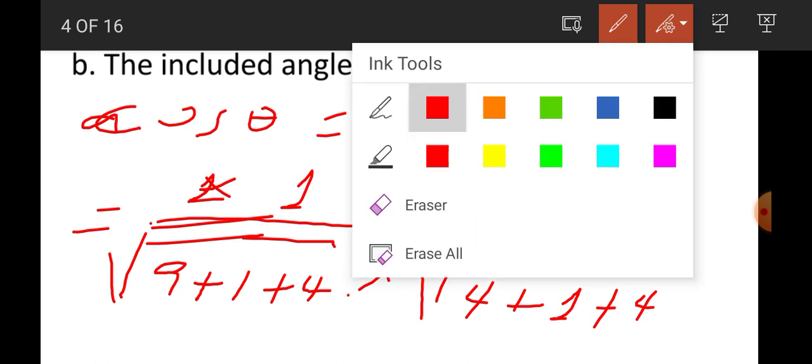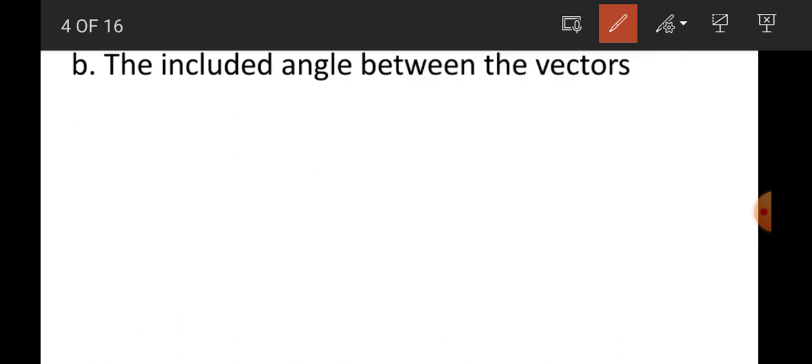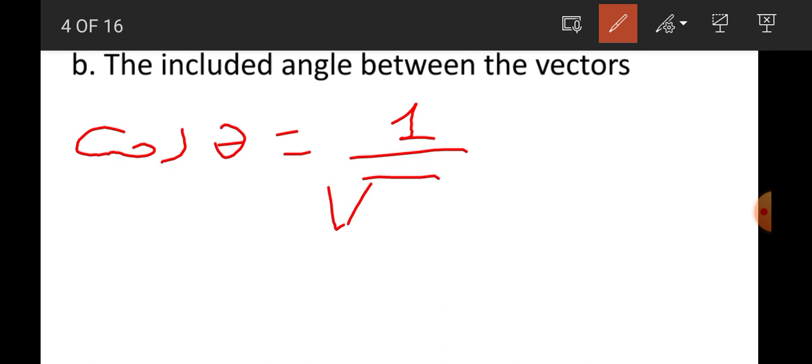So this is equal to cos of theta is equal to 1 over the square root of 14 times that is magnitude of vector a times the square root of 9, which is magnitude of vector b.